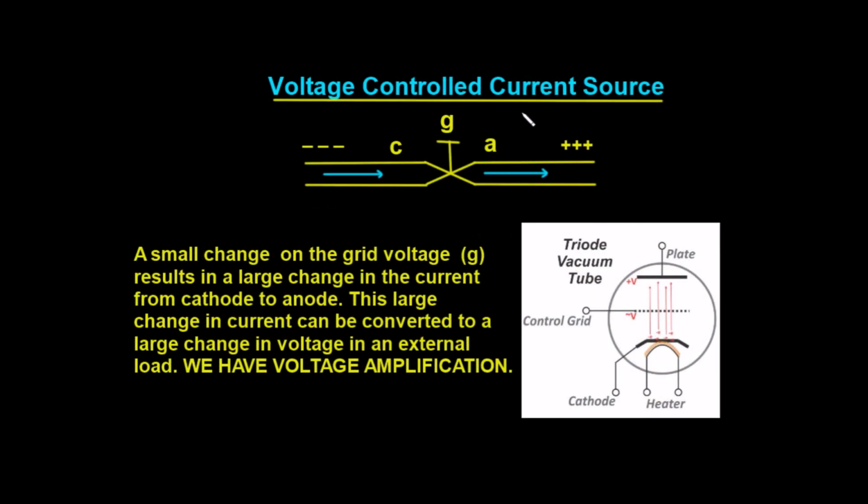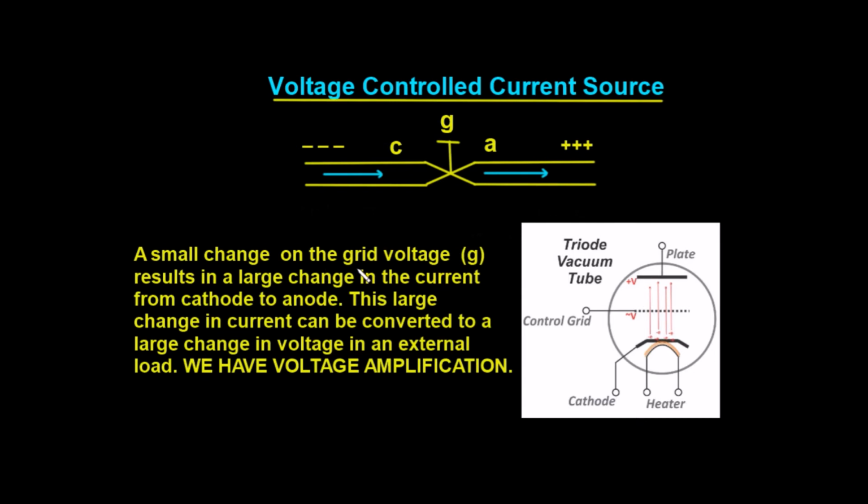So here is a simplification of our voltage control current source. We're going to have a cathode where the electrons come from, we're going to have an anode where the electrons go to, and we're going to have this grid, or if you like to call it, a gate. And this gate controls the flow of electrons through the device.